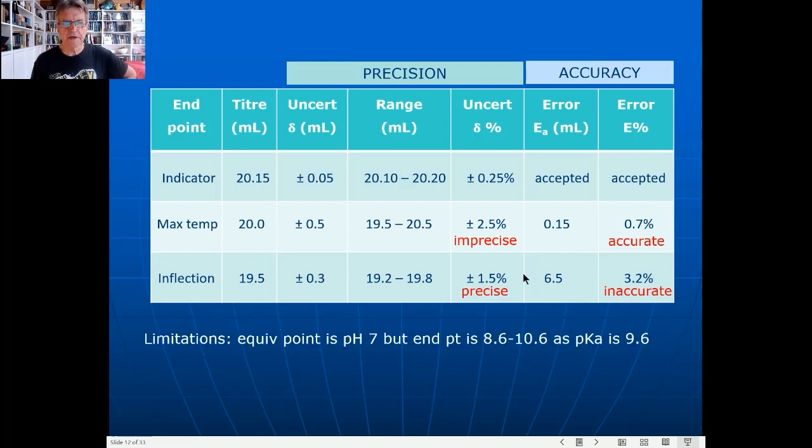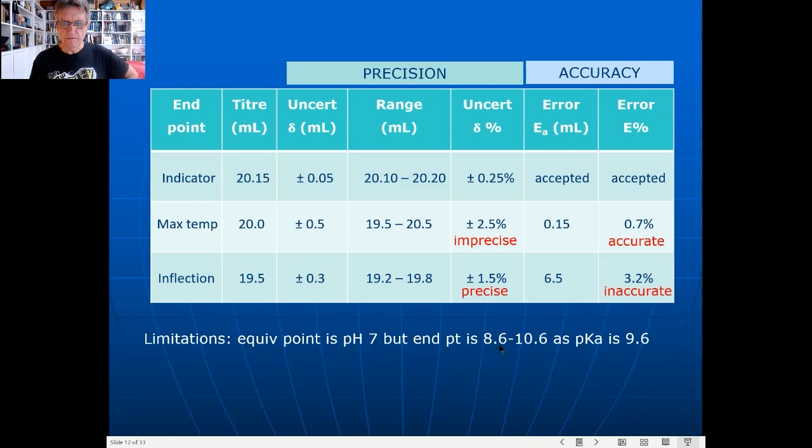A couple of limitations. Now the equivalence point is 7. That's where the temperature would have been a maximum. But the endpoint, because it's an acid-base indicator, and the phenolphthalein pKa is 9.6, the rule of thumb is plus or minus about 1 pKa unit, or pH unit.